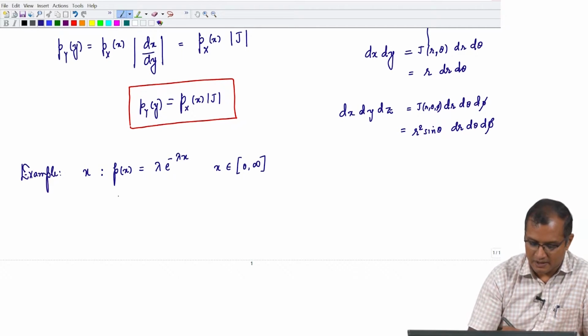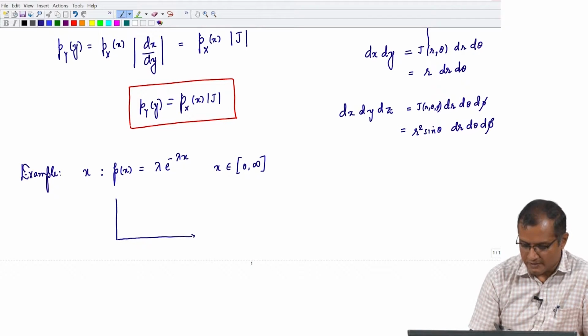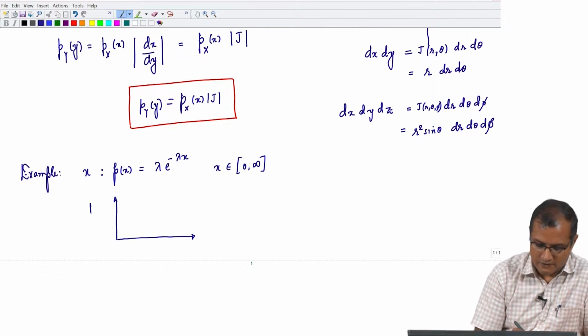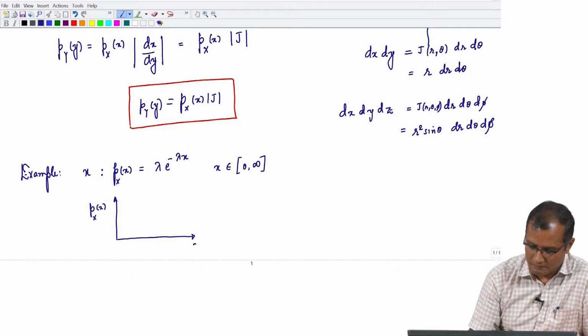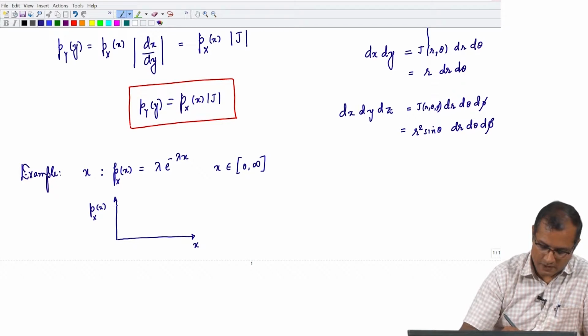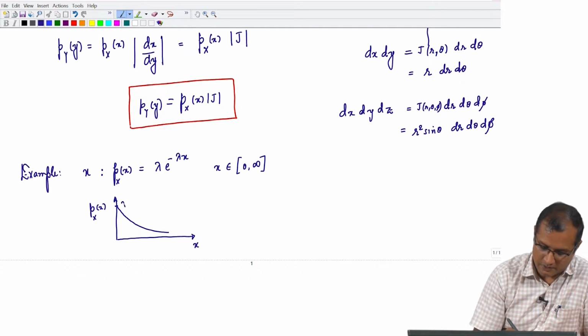So, basically my PDF looks like this. If this is my x distribution, then it simply decays exponentially with this value becoming lambda.